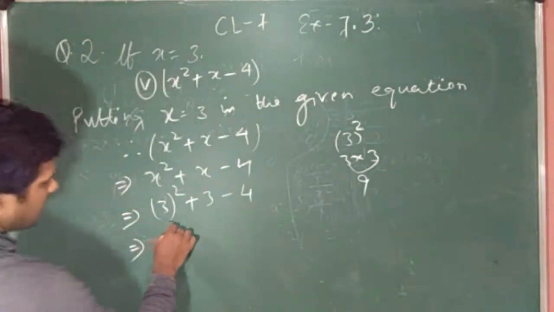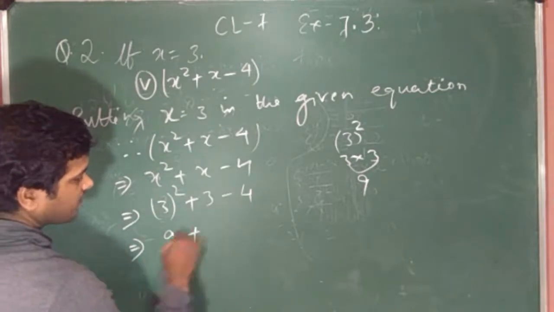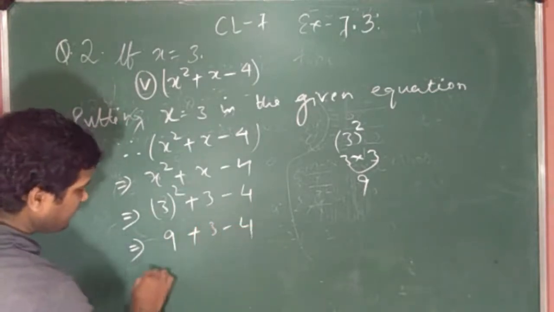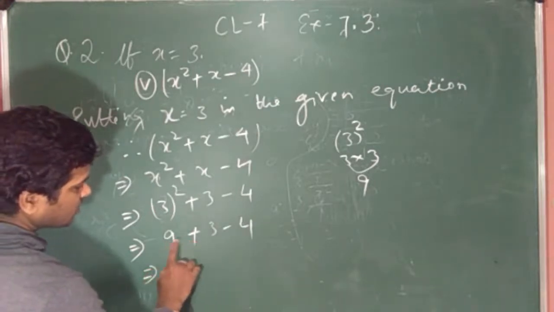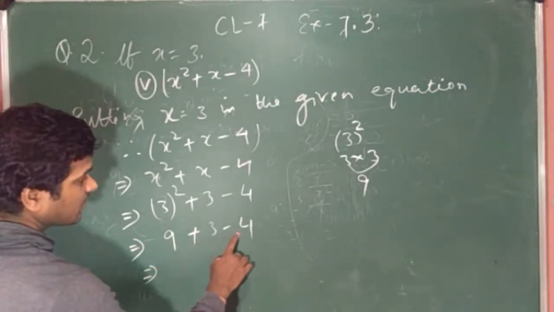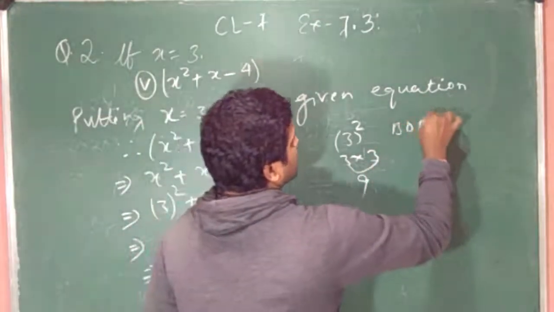So we are getting 9 plus this 3. Here you cannot do minus 3 minus 4. Now 9 is plus, 3 is plus, and this is minus. Just now I wrote the BODMAS, isn't it?